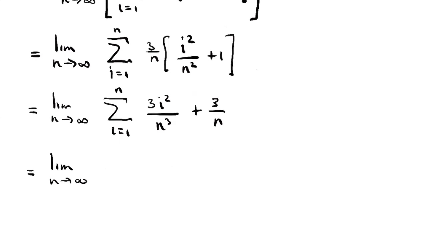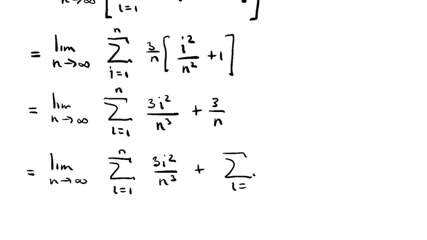I have a sum of those two terms, so I'm going to take the sum as i goes from 1 to n of the first term, 3i squared over n cubed, and add to it the sum as i goes from 1 to n of the second term. That's by Theorem 2, rearranging the order that I add. I'm not bracketing everything here, but I will if it feels ambiguous. It's the limit of that entire expression.